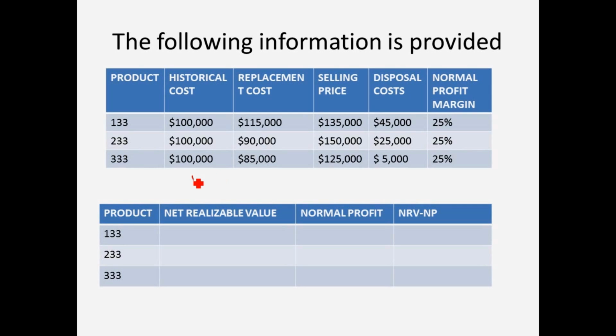Okay, so the first thing we need to do is figure out what is market. So how do we figure out what is market? We first look at replacement cost, then we calculate the ceiling, then we calculate the floor, and we pick the middle.